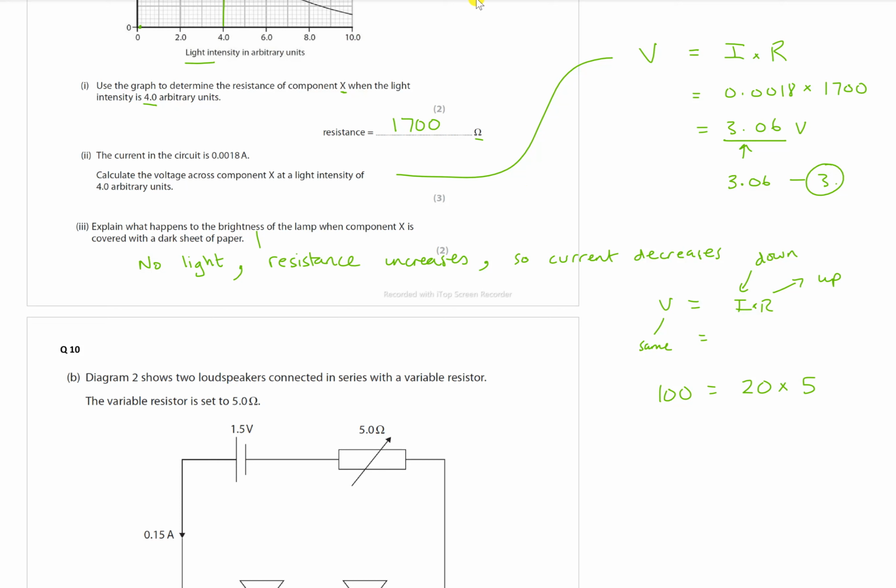Now if my resistance has gone up to 50, the voltage stays the same, so it'll be 50 times something, 2. So now as the current goes down, the brightness of the lamp goes down. So we can say brightness of lamp decreases or goes down.